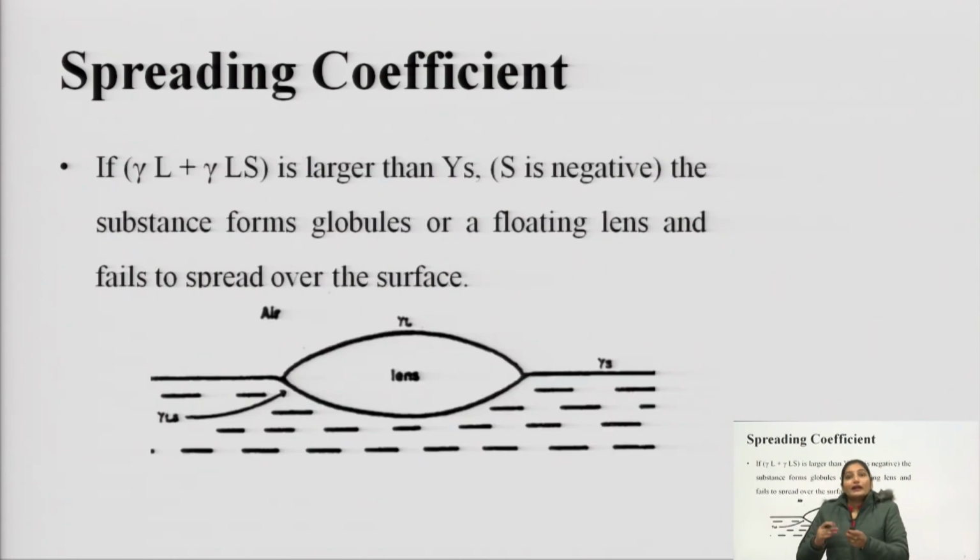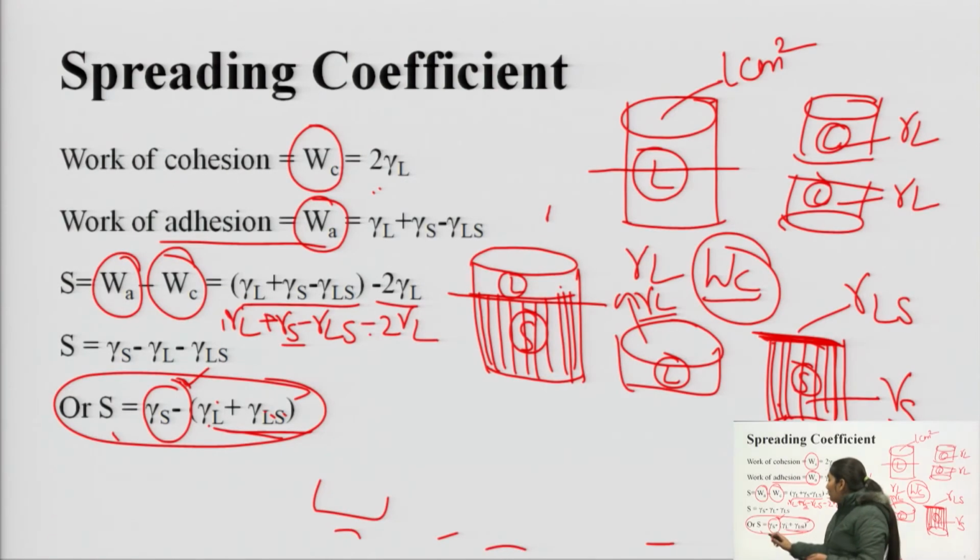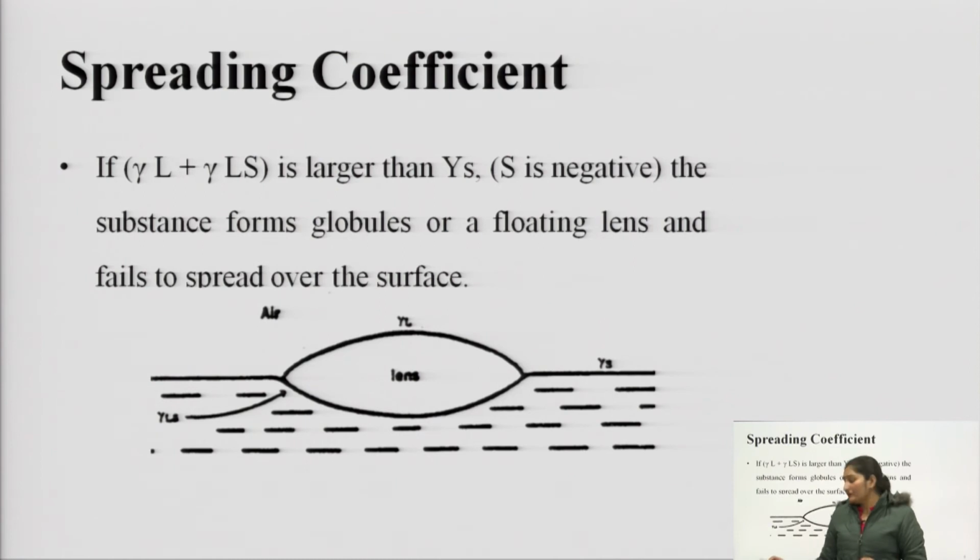Okay. And after some time, this surface will get saturated. The oleic acid and the liquid will try to mix with each other and there can be saturation, and at that time the value of S will be negative, and when this value is negative, there will be a lens formation, as seen in the diagram.